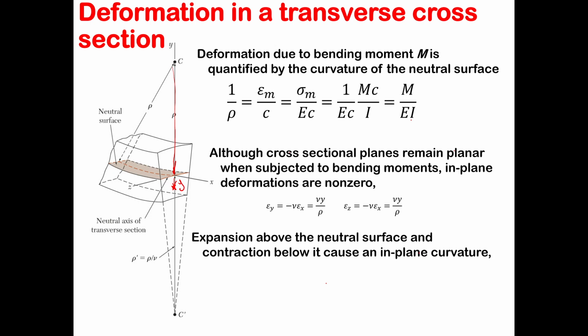It is also worth mentioning that there is always an expansion above the neutral surface, as you can see, this is expanding, and a contraction below it, which means that you're going to have an in-plane curvature of rho prime, which is related to your regular curvature, and is called an anticlastic curvature.